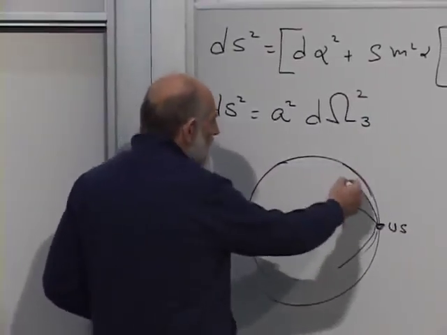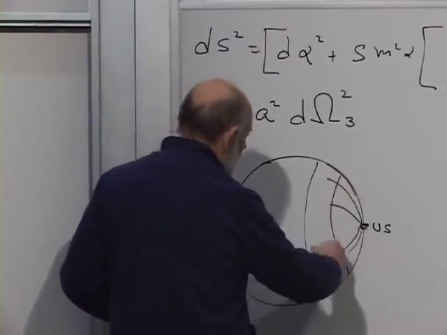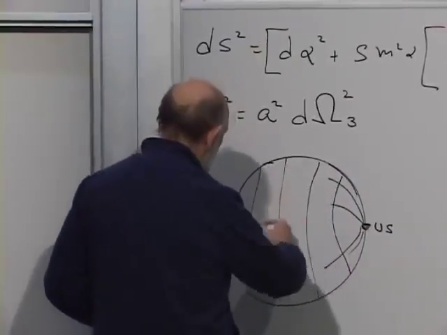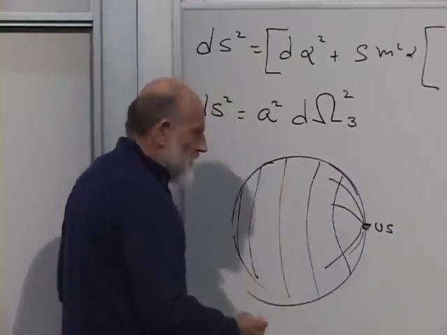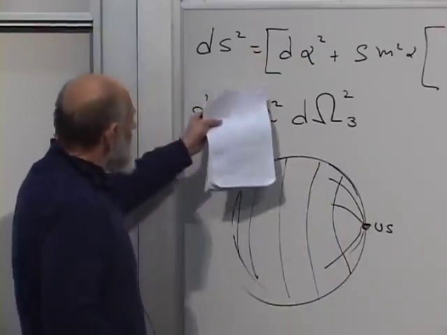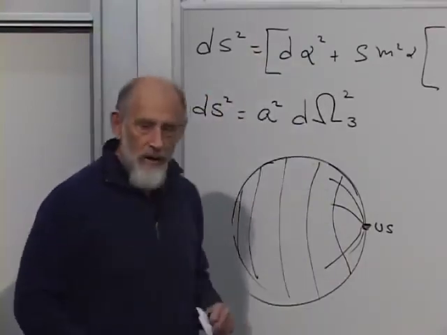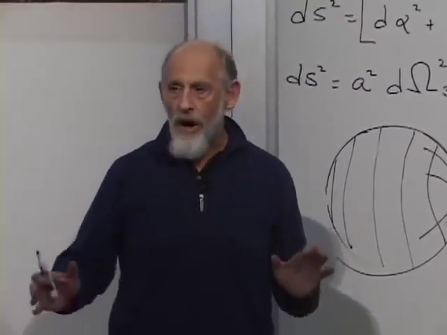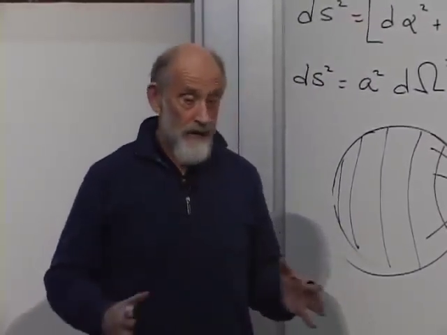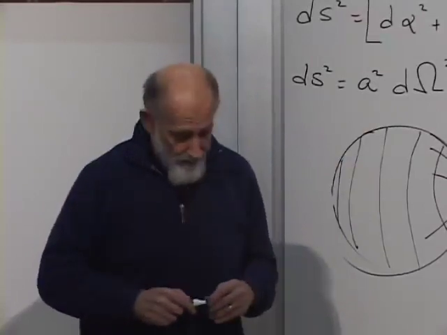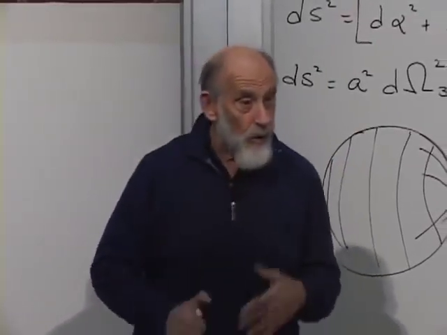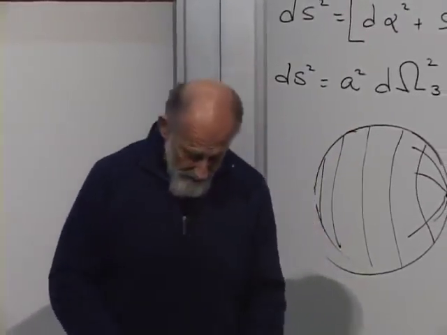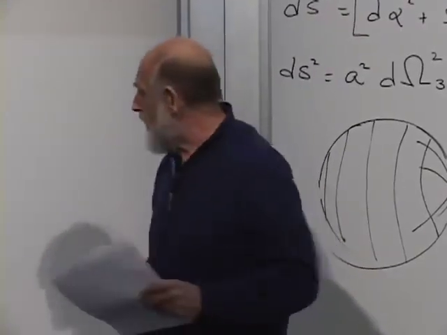And it can sort of be thought of as radial distance. Here's lines of fixed radial distance from us. So alpha can be thought of, and it's useful to think of it as distance from us, or a coordinate which represents the radial coordinate away from us in space. Okay, so here we are.